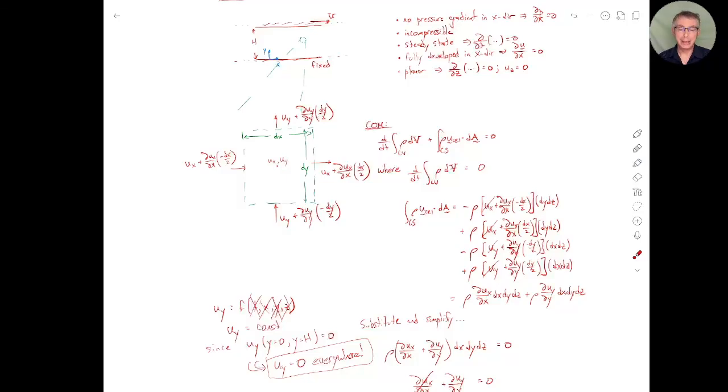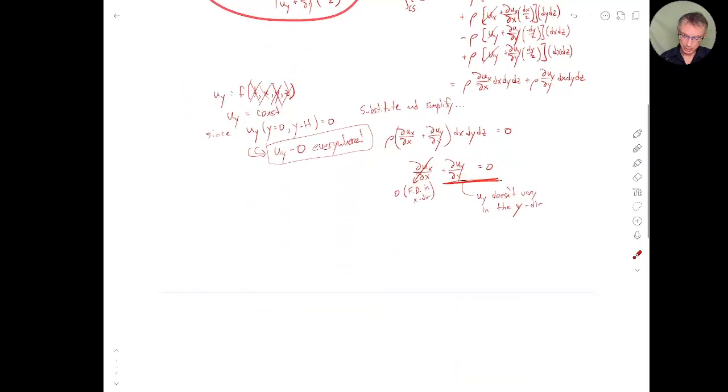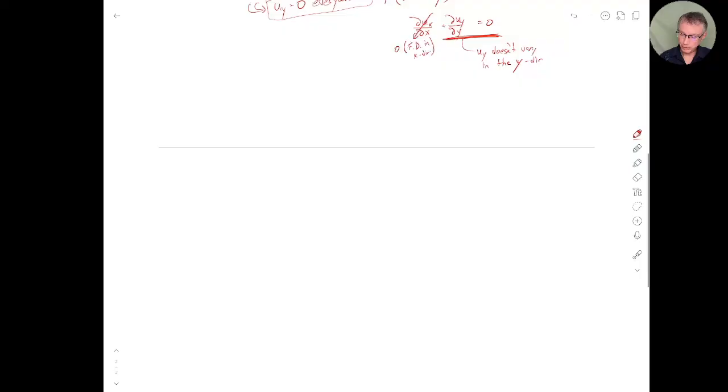Let's go ahead and apply linear momentum to the same control volume. I'm going to do that down here. I'm going to redraw the picture to give us a little more space, so I don't have to flip the page over and over again. So again, now the velocity in the middle is ux, there's no y component, there's no uz component.